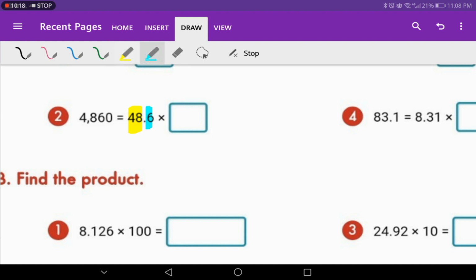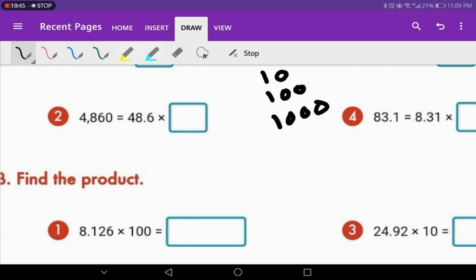Okay, suddenly it becomes 4,860. So it is bigger. So my choices are 10 or 100 or 1,000. I don't have any choices except these 3 choices. Now, which one is the correct? C.